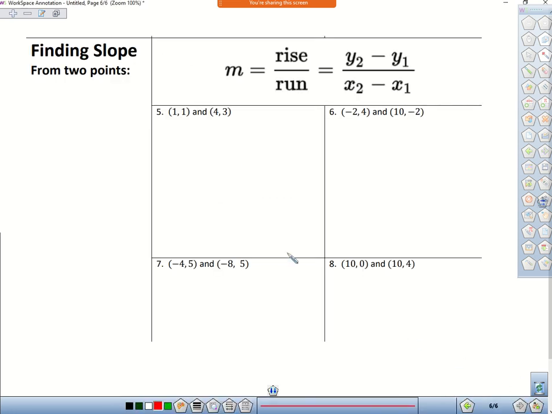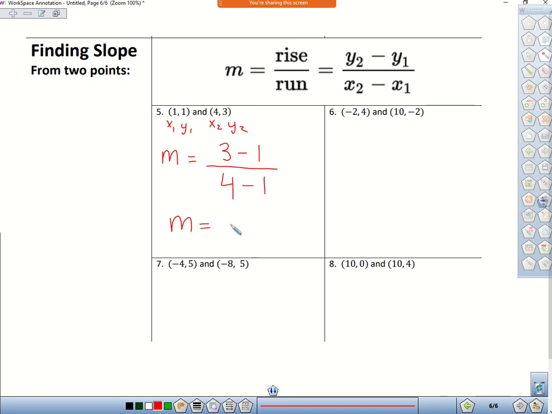So now we're going to calculate the slope using 2 points. So when you calculate slope using 2 points, you need to label one of the points x1 and y1, and you label the other point x2 and y2. And once you have that information, you're plugging into the formula, which is m equals y2, which is 3, minus y1, which is 1, over x2, which is 4, minus x1.